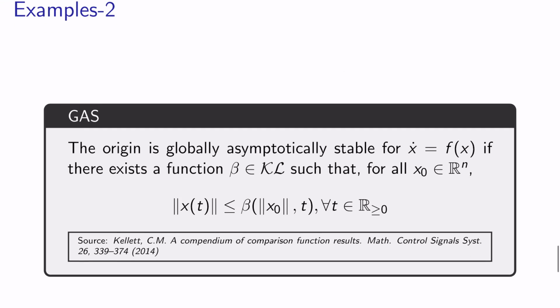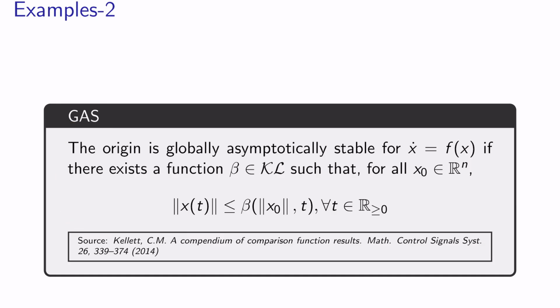Okay, so GAS is not the thing that is expensive right now. This is global asymptotic stability. So this is another type of definition for GAS.